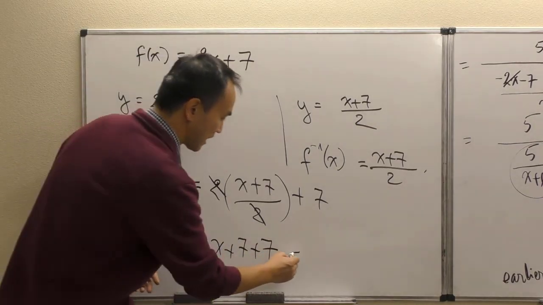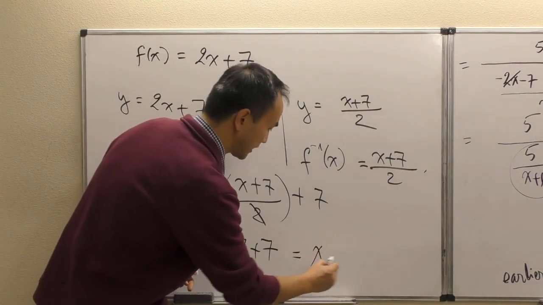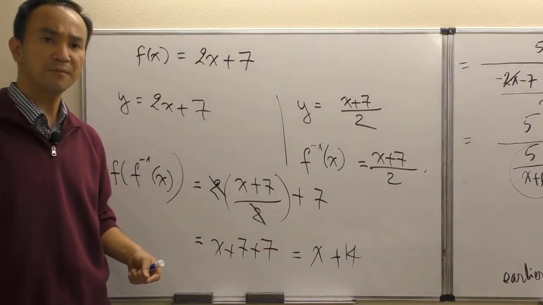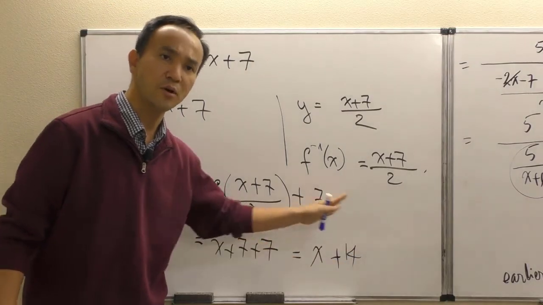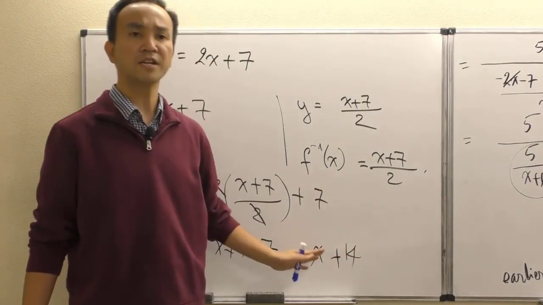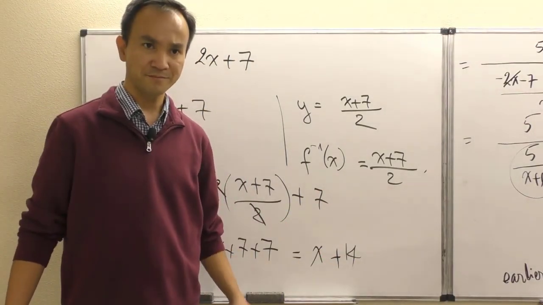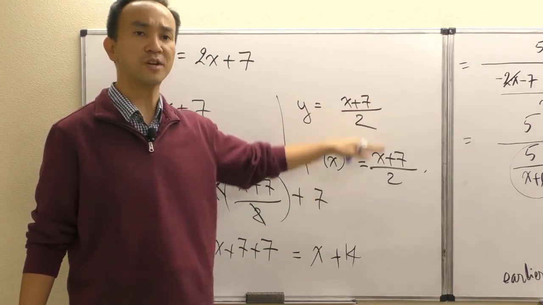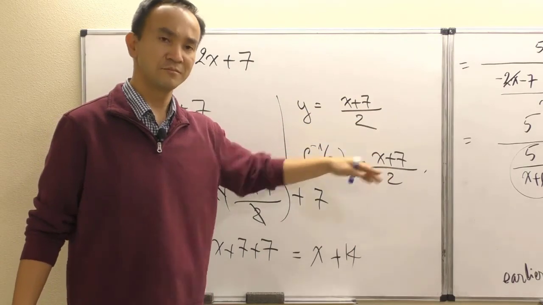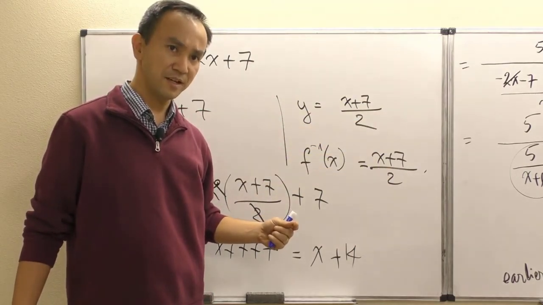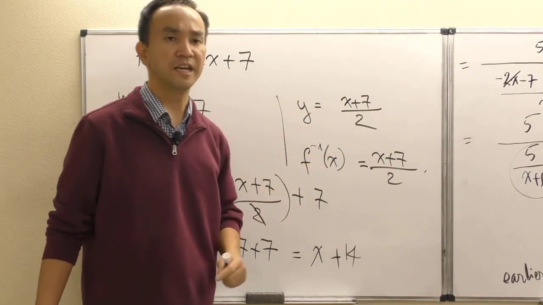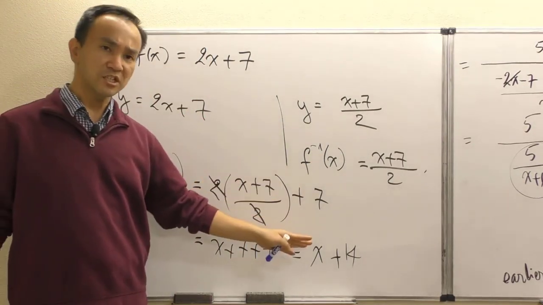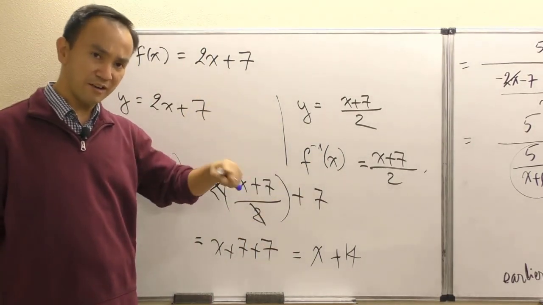Combining like terms, we end up with x plus 14. This is about the most simplified already, and we did not end up with x. This is a perfect sign saying that somewhere along our deriving work, we made errors in calculating the inverse of our beginning function. That's a good sign for us to come back and trace our work.